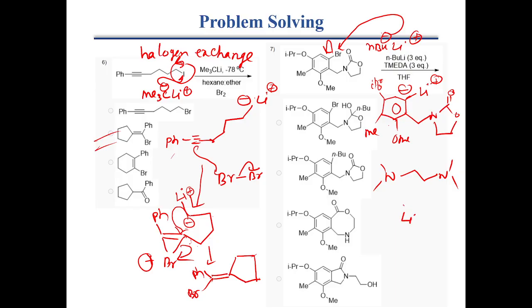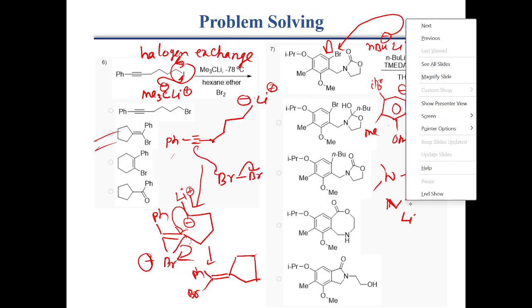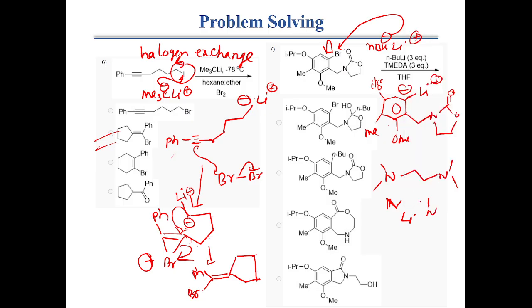It will coordinate with the lithium, like this way. So now if it is coordinated with the lithium, this negative charge is now free. As it is free, it is highly reactive.